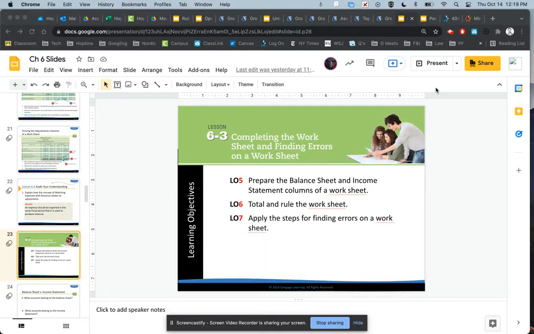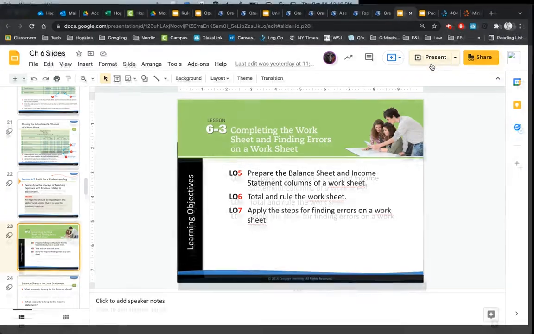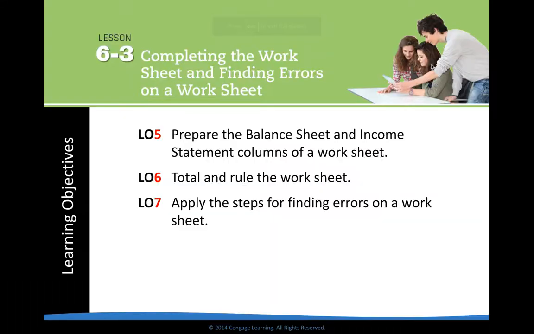All right, so 6.3 is where we start to prepare a draft of our income statement and our balance sheet. At the bottom, you are going to calculate net income and/or net loss, which is a really big number. That's what you would want to learn, right?